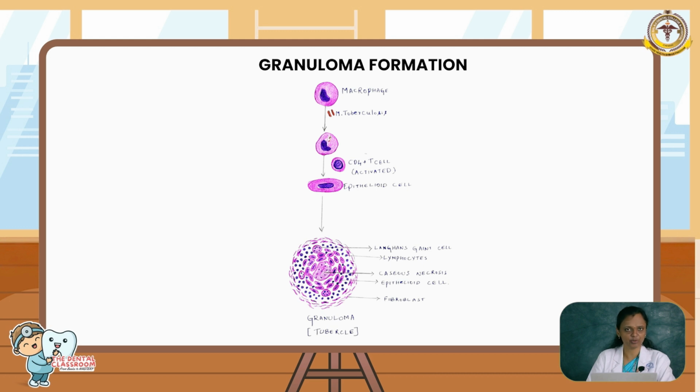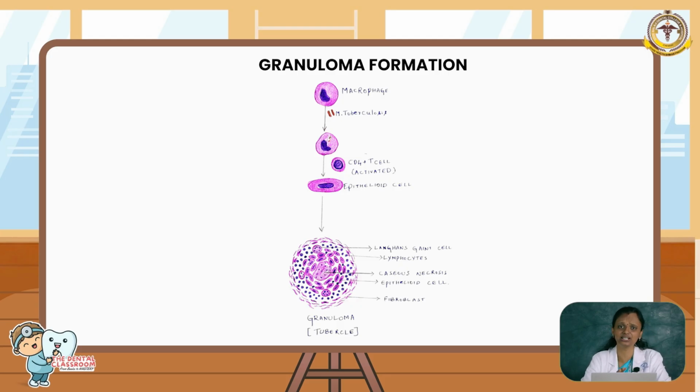Granuloma formation is again due to the Th1 response, and at the same time the Th1 response is responsible for the positive Mantoux test or tuberculin sensitivity test, which we do routinely when suspecting tuberculosis in a patient. We first check whether he is sensitized to the tuberculous bacilli by doing a Mantoux test. This test positivity is mainly because of the Th1 response.